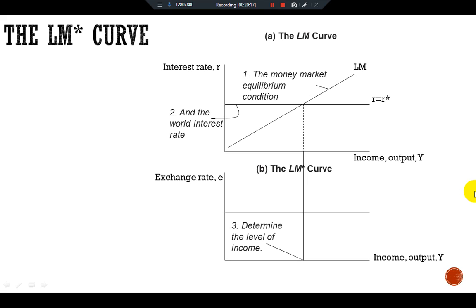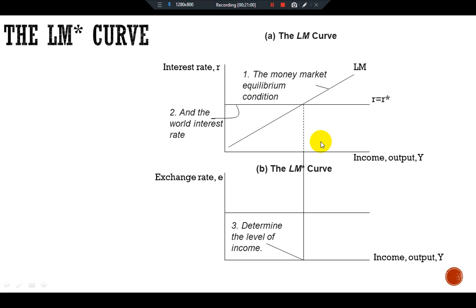So this second panel of the graph, the LM static curve, is vertical because the exchange rate does not enter the LM static equation. Given the world interest rate, the LM static equation determines aggregate income regardless of the exchange rate. So this figure shows how the LM static curve arises from the world interest rate and the simple LM curve, which relates the interest rate and income.